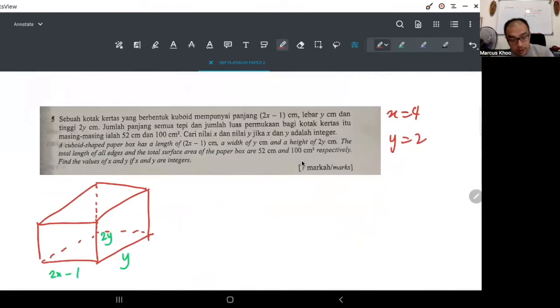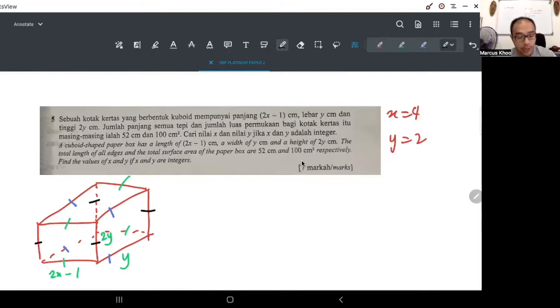So this is 2x minus 1, and this is y, and then of course this is 2y.